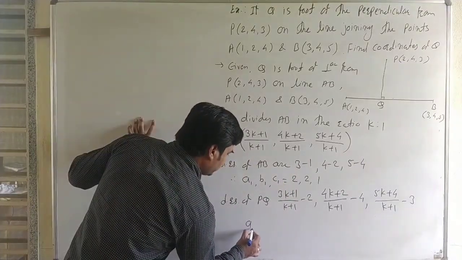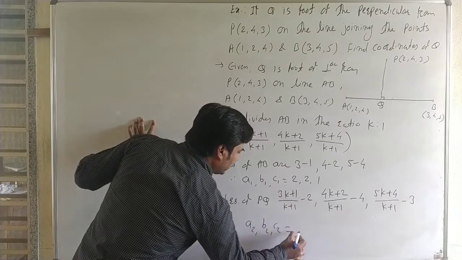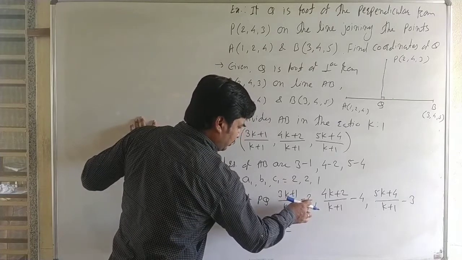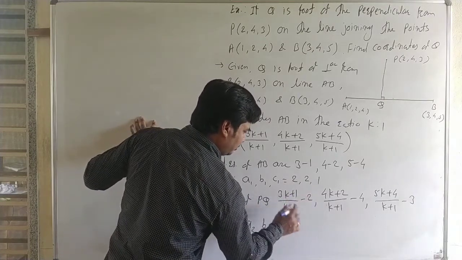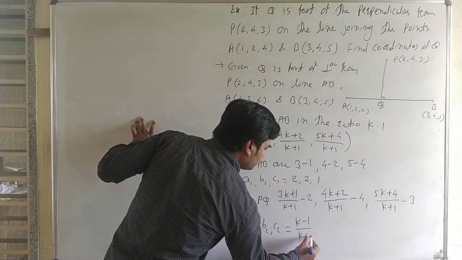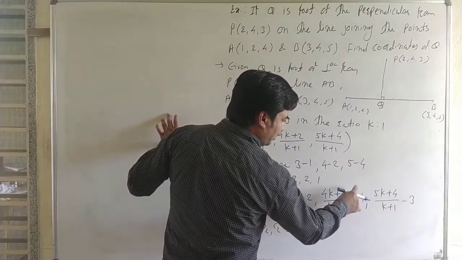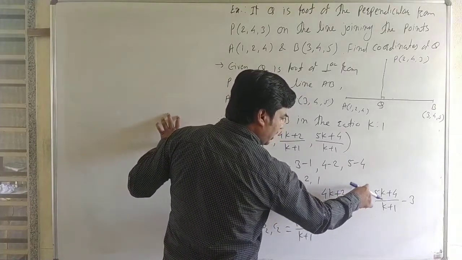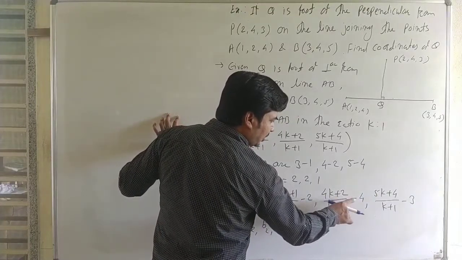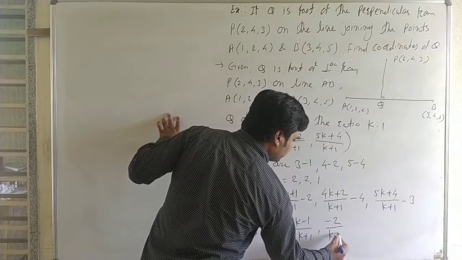That can be written as: k plus 1 into minus 2, therefore minus 2k minus 2, then it is k minus 1 upon k plus 1. Then again k plus 1 into minus 4, that is minus 4k minus 4, 4k minus 4k cancel, 2 and minus 4, it is minus 2 upon k plus 1.